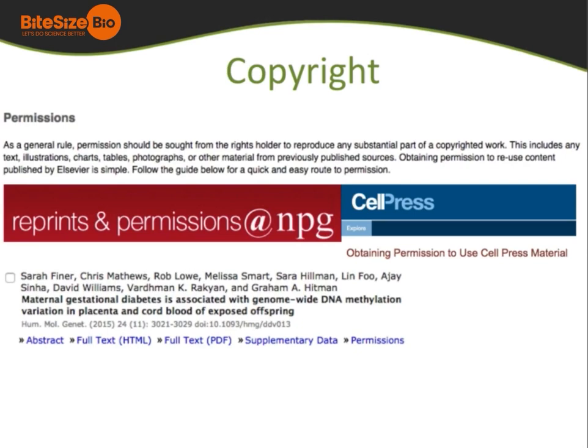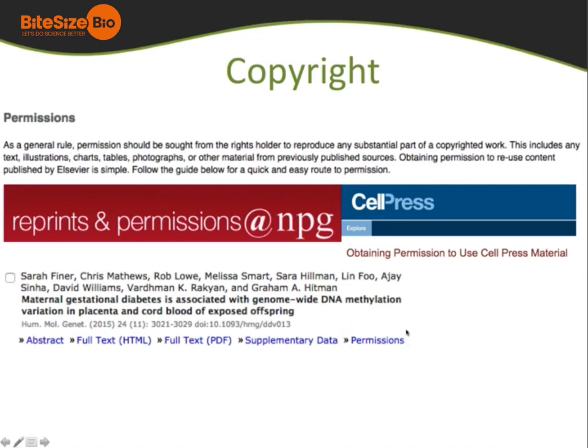So how do you go about getting permission? Well, actually, it's pretty easy. A lot of journals now have automated systems that make it really easy for you to get permission to reproduce figures, text, or tables. You can find permission sections in most online journals now, and they're pretty easy to access. Here, for example, I've taken a screenshot of an article listed in a table of contents for a particular journal, and they actually have a little permissions link here.